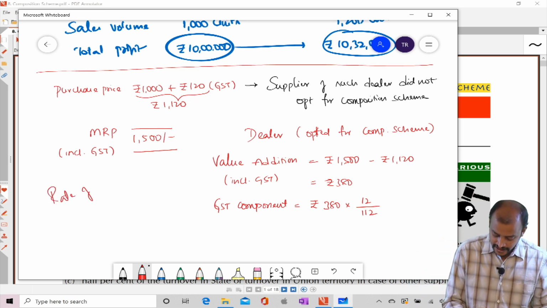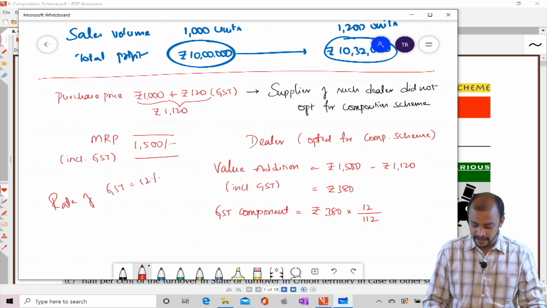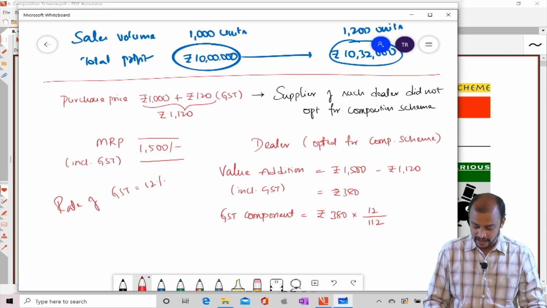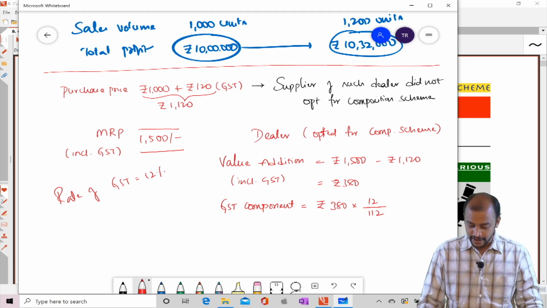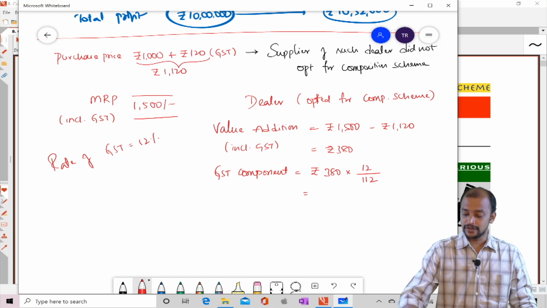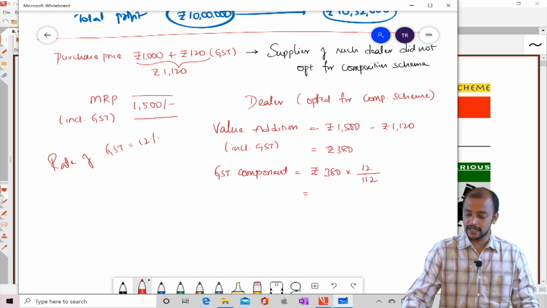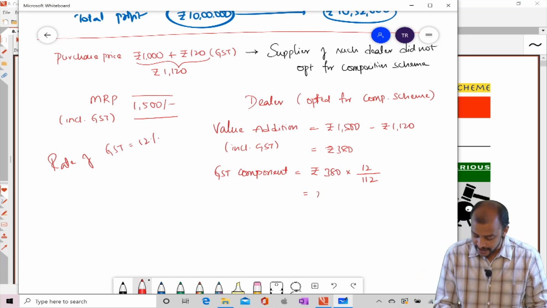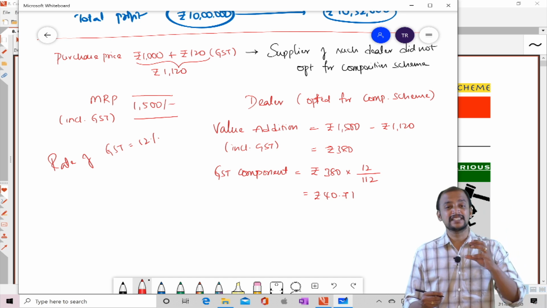So what will be the GST component here? That is 380 into 12 divided by 112, that is 40.71. 40.71 will be the GST component.